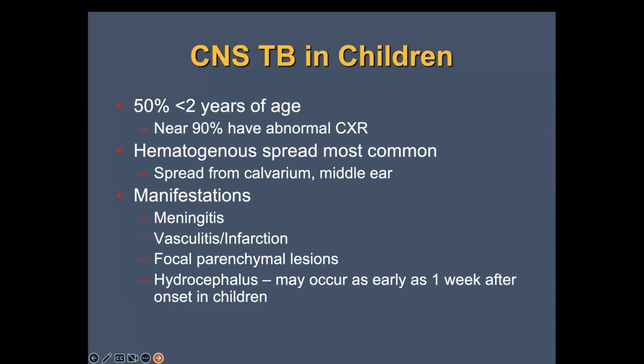And the gelatinous exudate that tends to form in the meningeal spaces in the CSF pathways can result in hydrocephalus in children, and that can be pretty rapidly progressive, can occur fairly early in onset after tuberculous meningitis.